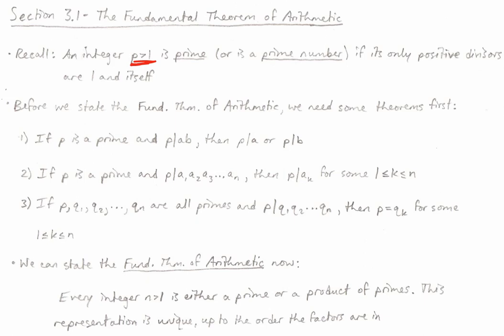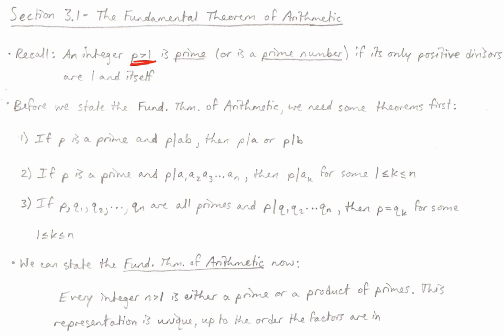Here's a couple smaller facts that we need to state first. 1: if p is a prime and p divides the product of two numbers a or b, then p has to divide either a or p has to divide b.